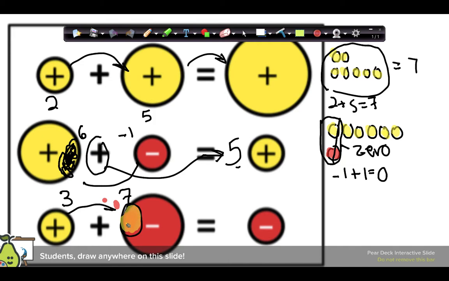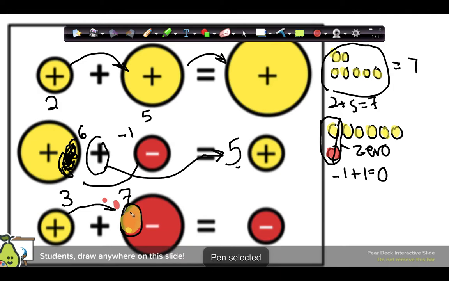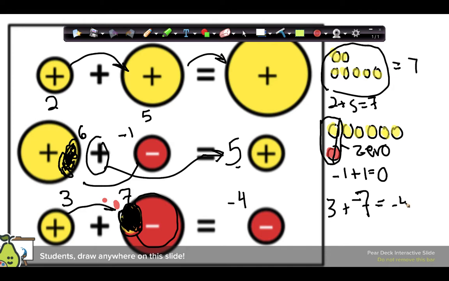That yellow ends up neutralizing, cutting out that part. So it's like it's gone. So we just have this remaining part, which is 4 negatives. So 3 plus a negative 7. We find the difference between these two. 7 minus 3 is 4. And because there's more negative, it's negative 4.